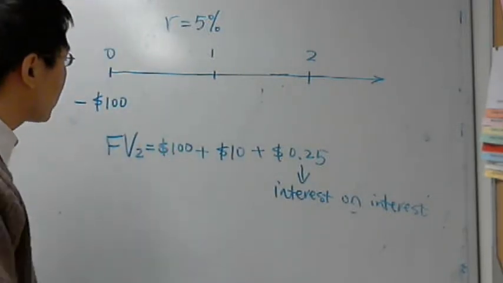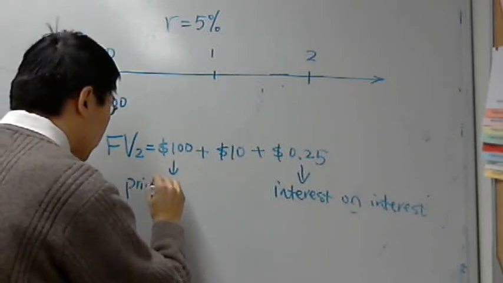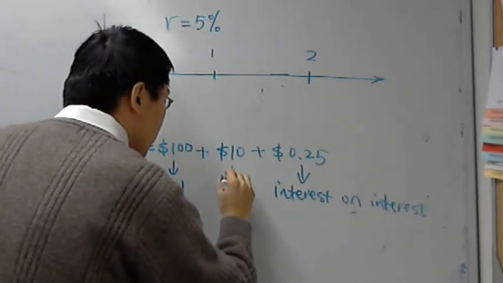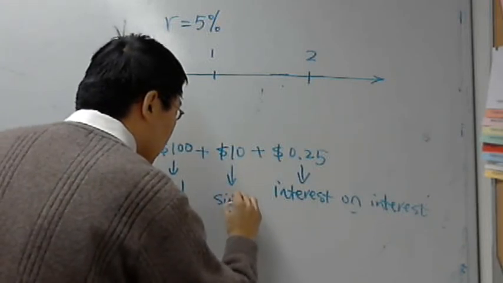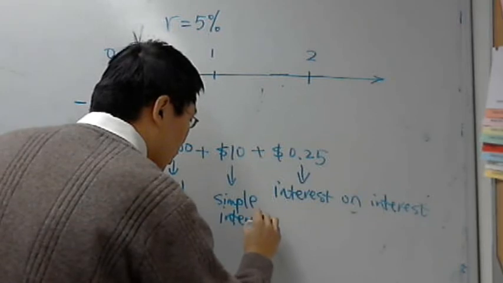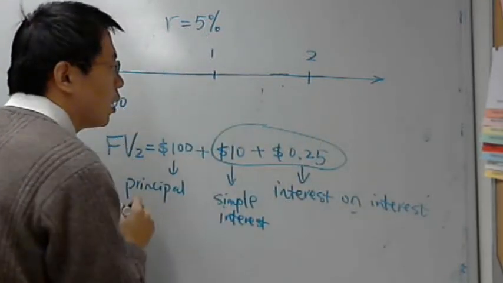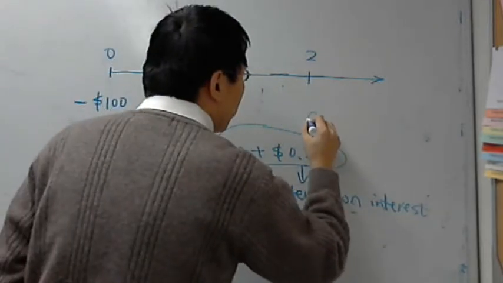Now let me summarize here. This is called principal. This is called simple interest. And the sum of the two, in finance, we call it compound interest.